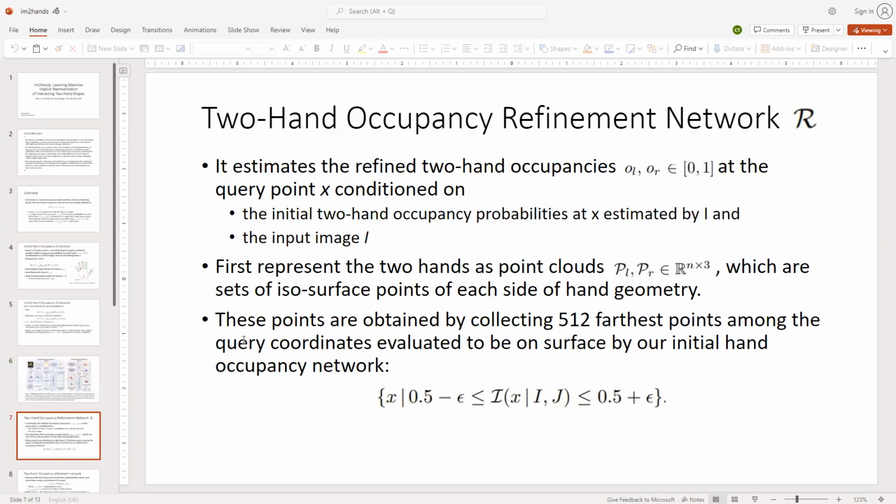So the initial occupancy estimation that we derive from this Halo-like architecture, we use those two here and refine them. We also need the input image here as well.